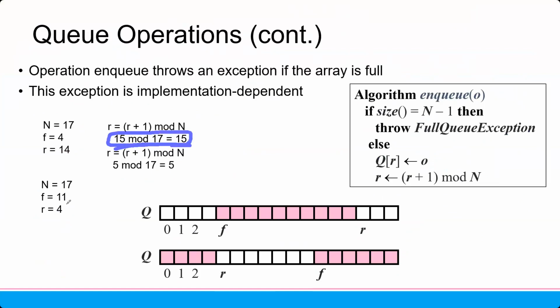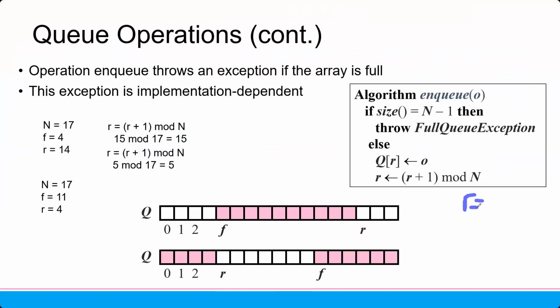But let's say now R is 4. We add 1: 4 plus 1 mod N. N is 17. So 5 mod 17 is 5. How about if R is at the end? If R equals 17, oh sorry, there is no 17.